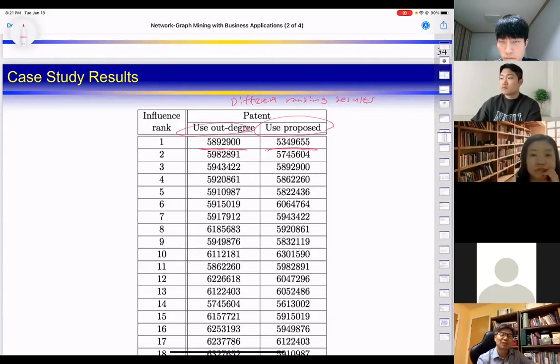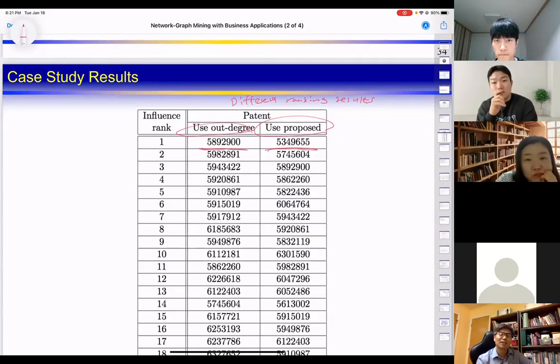In machine learning and data mining, all the time, you have to prove that yours is better than others, right? How can you prove different results? In classification problems, they have accuracy, right? Here, it is ranking of the patents. Which patent is more important? How do you know your ranking is correct or not?